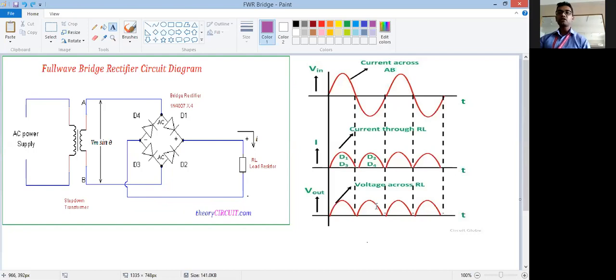So the current direction is from upward to downward. Correct. So it is positive current. In the negative half cycle of input, D1 and D3 are off because they are reverse, and D2 and D4 are on because they are forward. Hence, the direction of current is again the same. It is not changed. Though the diodes are different, the direction of current is the same, similar to our center tap rectifier. So again, we can call it a positive current.